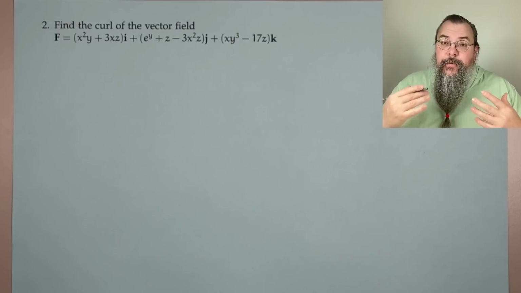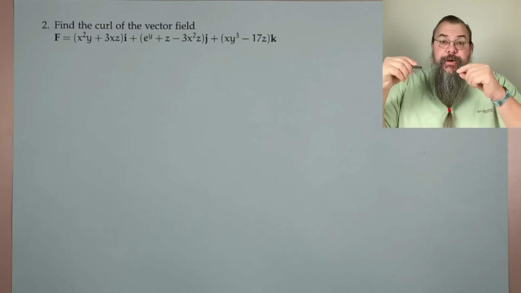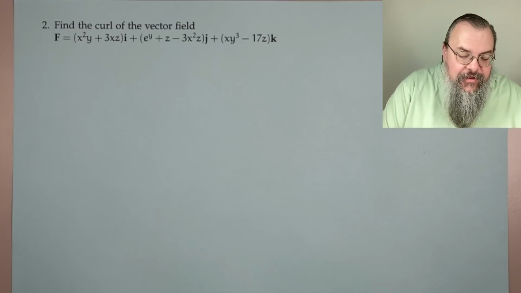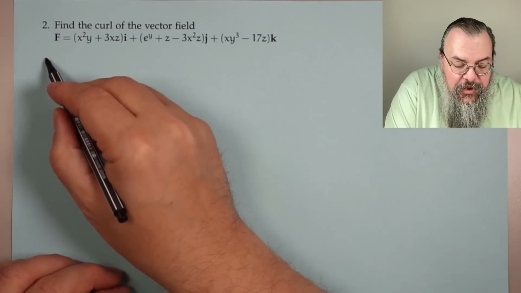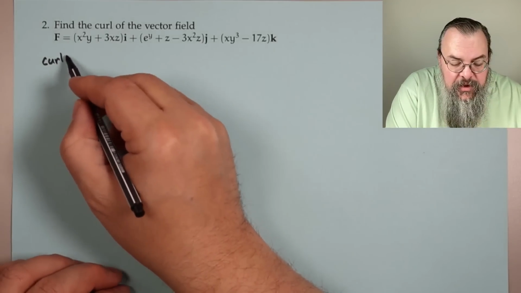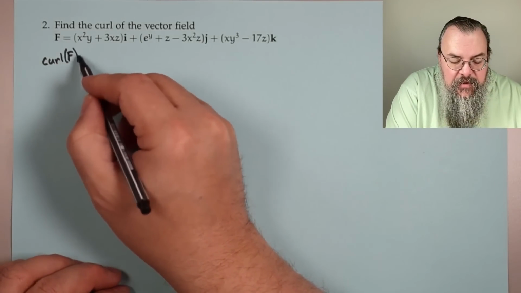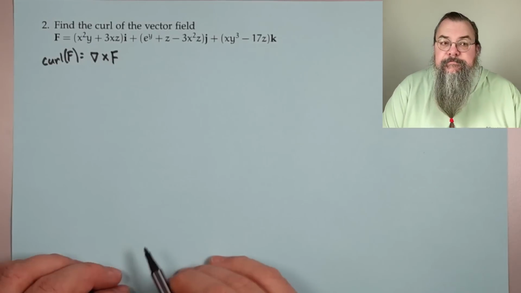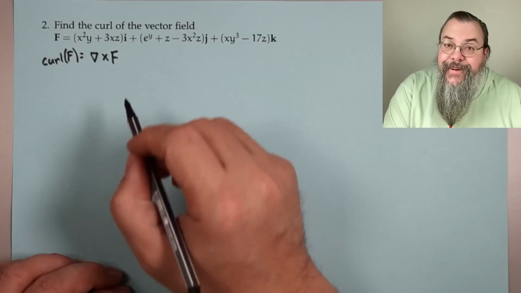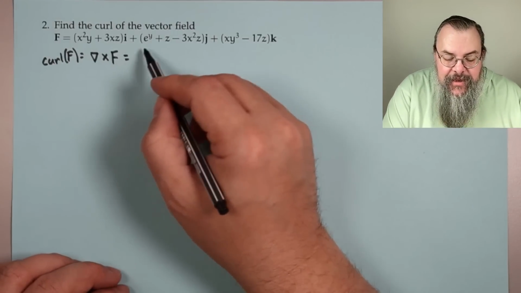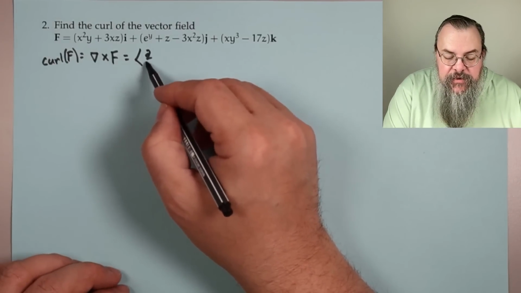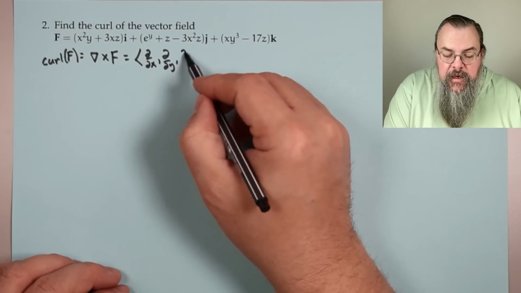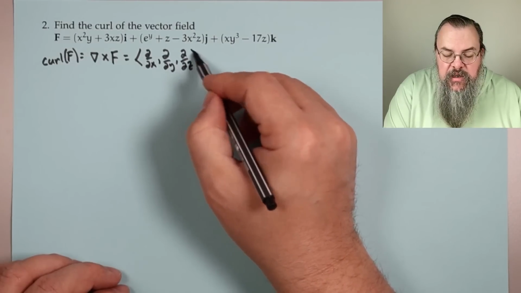And so, where does the curl come from? Well, curl, cross, right? They both start with C. So the curl of F is del cross F. Okay, good. Now, del is your collection of partial derivatives: partial x, partial y, partial z.